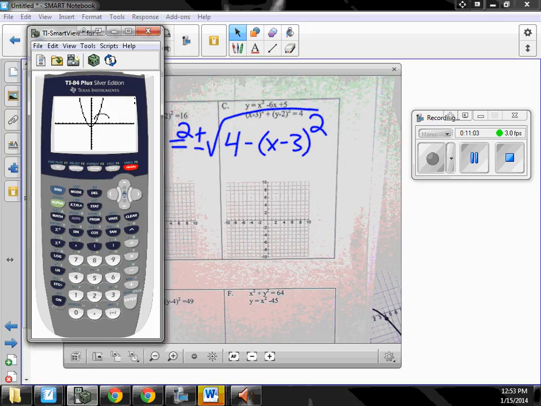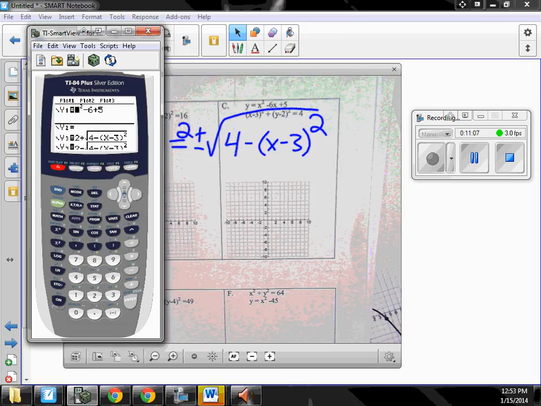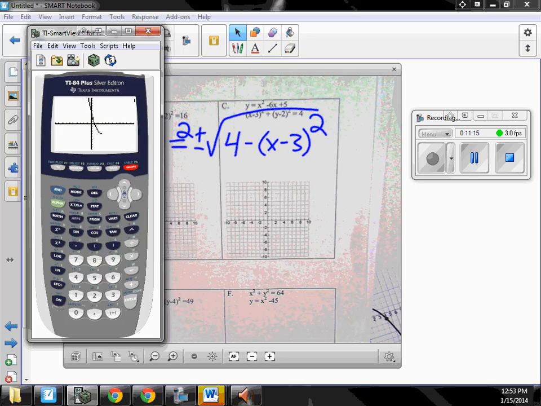Oops, hold on, I messed something up. My parabola's in the wrong place. Oh, I forgot an x. So there's my parabola, and there's my circle. How many intersection points are there? None. No solution. Yep. Draw the graph, write no solutions.